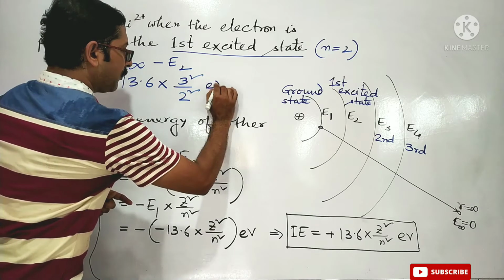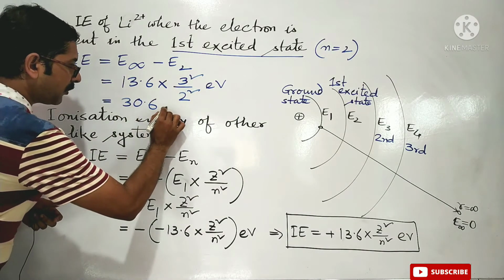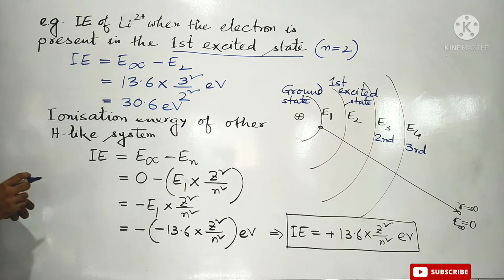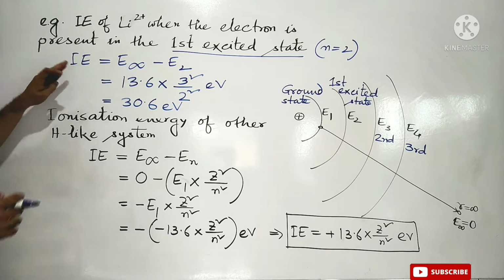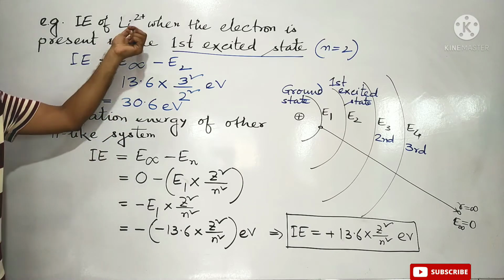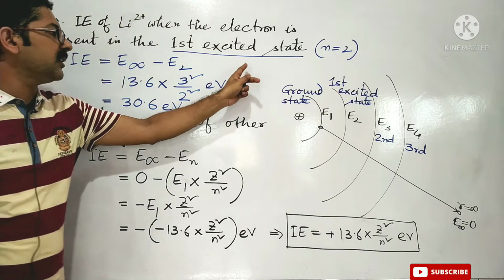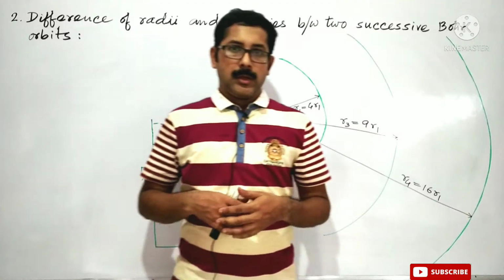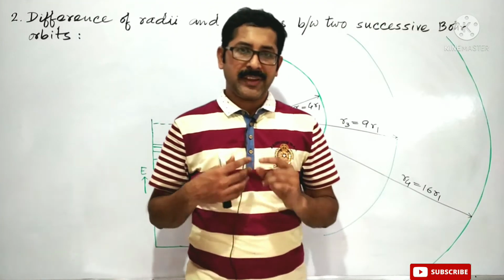This is 30.6 electron volt, right? So this is the ionization energy value of Li2 plus when the electron is present in the first excited state. Now we have come to our second topic.